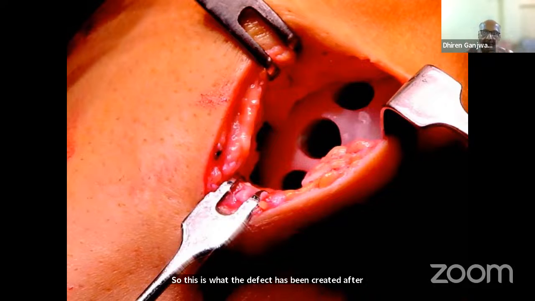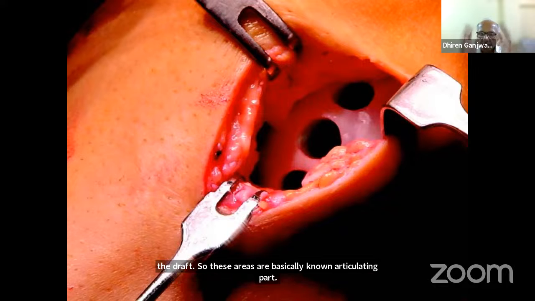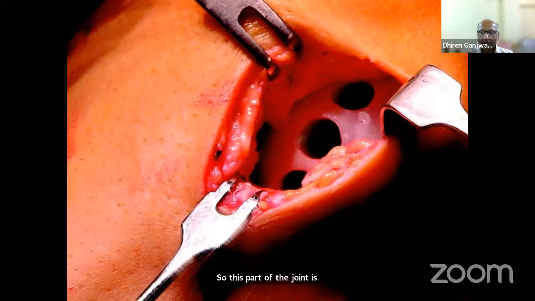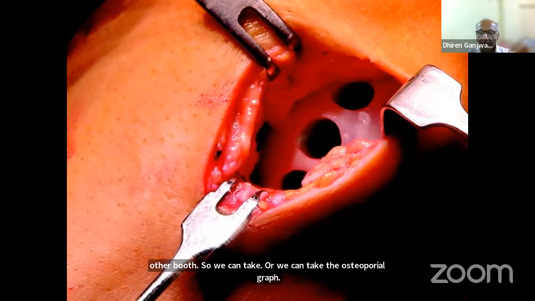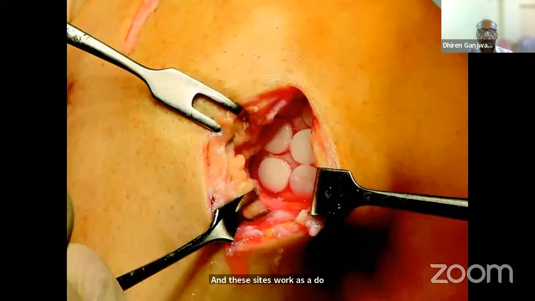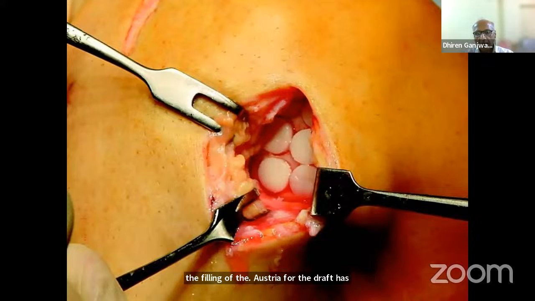These areas are basically non-articulating parts. This part of the joint is not articulating with any other bone, so we can take the osteochondral graft, and these sites work as a donor site. And this is how the filling of the osteochondral graft has been done.